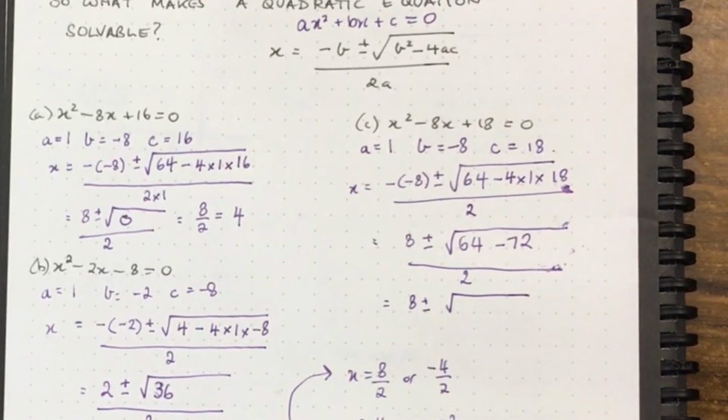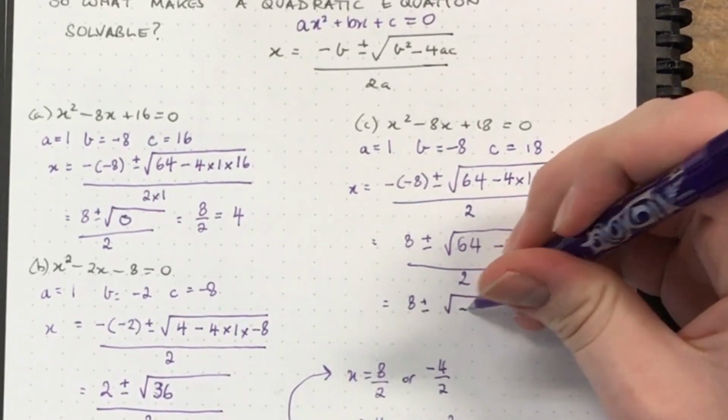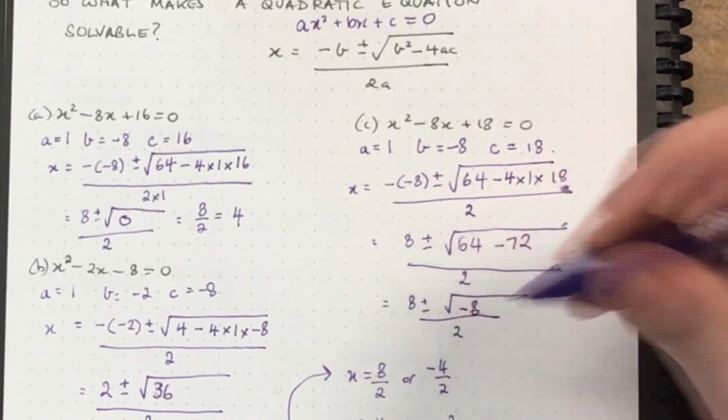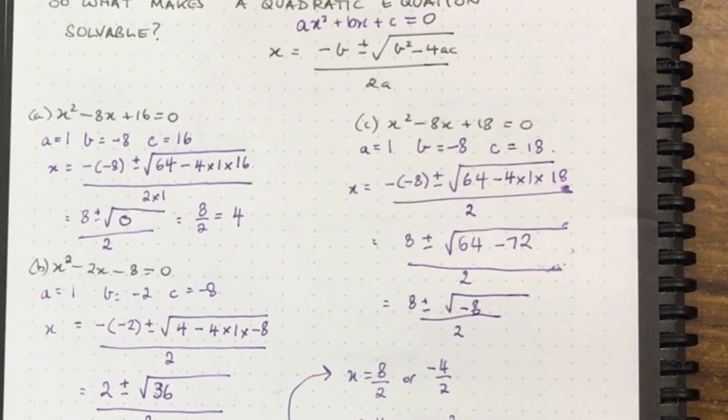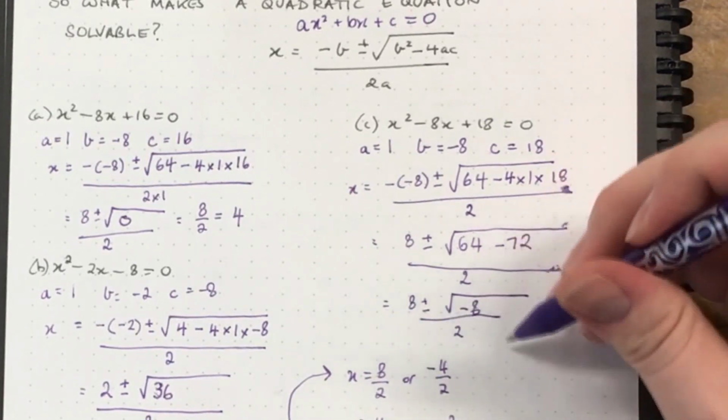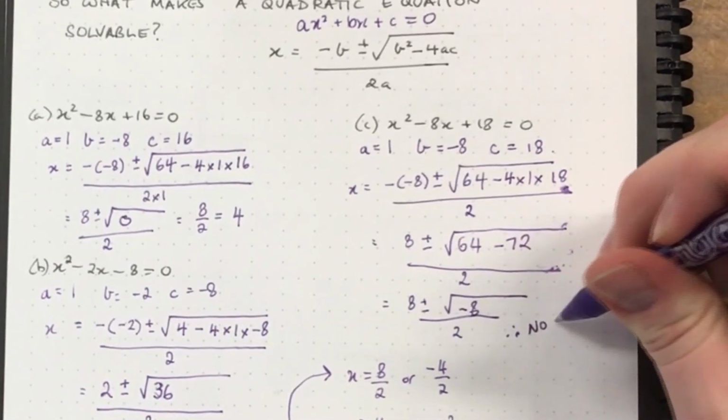What's 64 take away 72? Negative 8. What on earth is the square root of negative 8? You can't do a square root of a negative. So as soon as this happens, therefore, no solution.